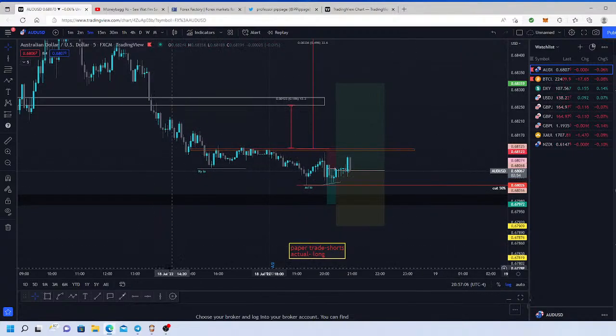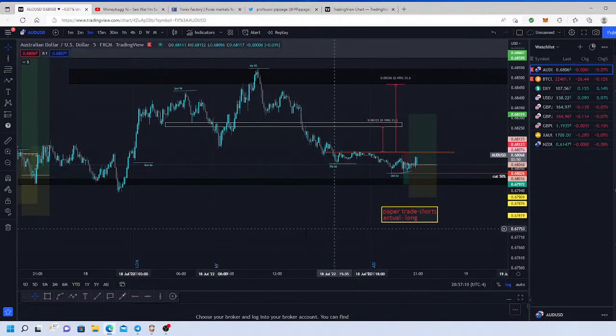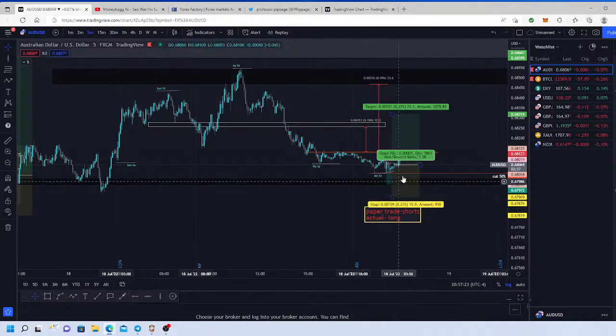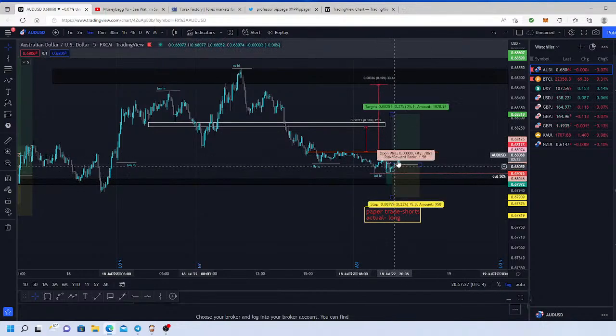Especially since we got this right here. I was looking for the counter trend retracement trade.